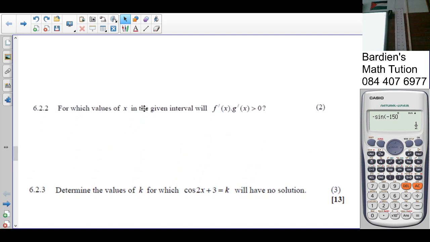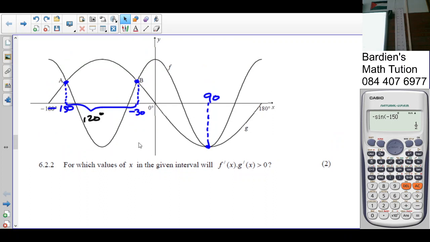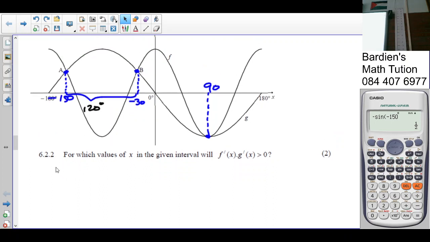Then in question 6.2.2, we are asked for which values of x in the given interval will f prime x times g prime x be greater than 0. You'll say this is not a paper 1 question because it's dealing with derivatives. But what is a derivative to us? The derivative is our general gradient anywhere along the curve.